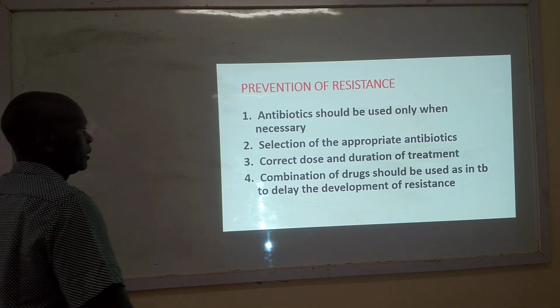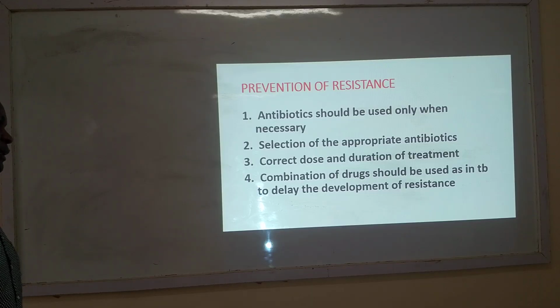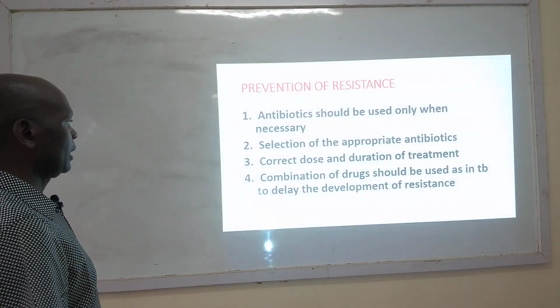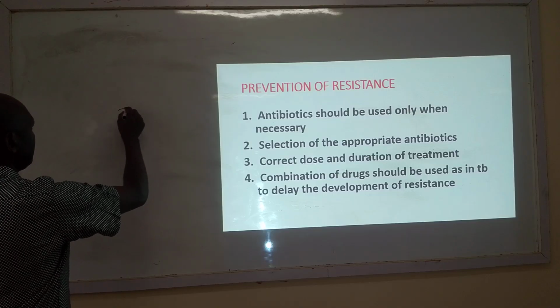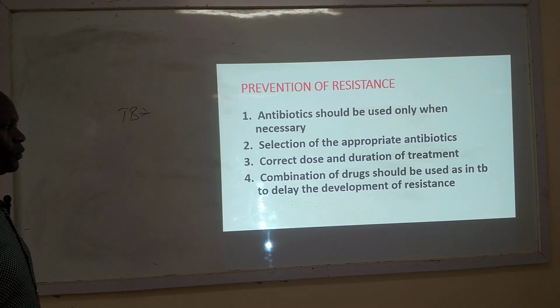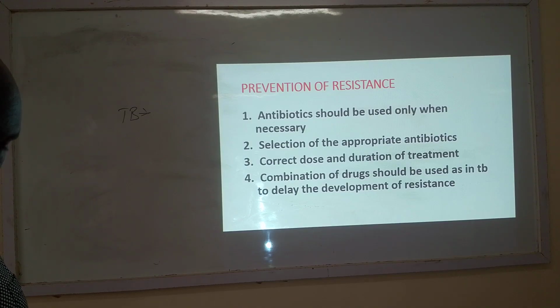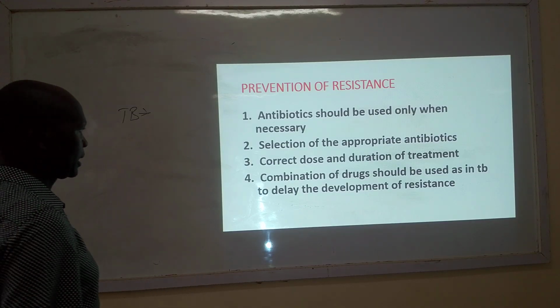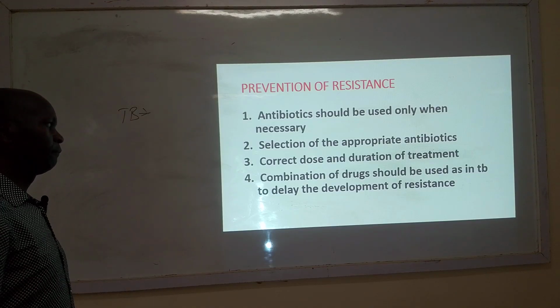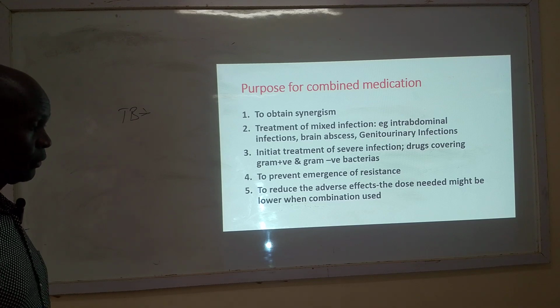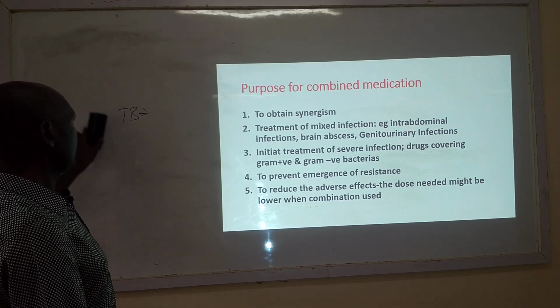Four, combination should be used to delay development of resistance, like in TB, which is just tuberculosis. We normally use combined therapy to stop the bacteria from developing resistance. These are just part of the reasons why we do combined therapy.